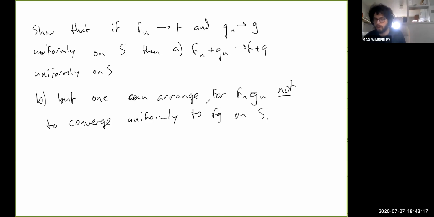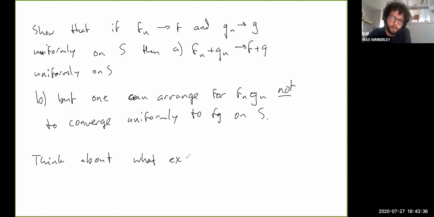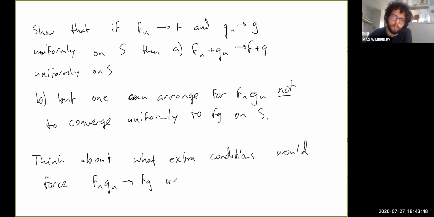Otherwise, I would encourage you to think for yourself about what a counterexample would be, and also what extra conditions would force fn gn to converge to fg uniformly on S.